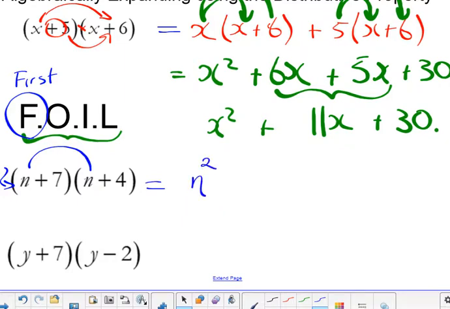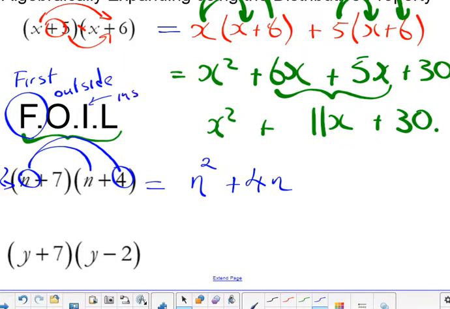Now, the O stands for outside. So our next product is going to be on the outside there. Look at this. We've got the n and we've got the 4, which are both on the outside. So that's going to be n times 4, which we can write as 4n. What does the I stand for?